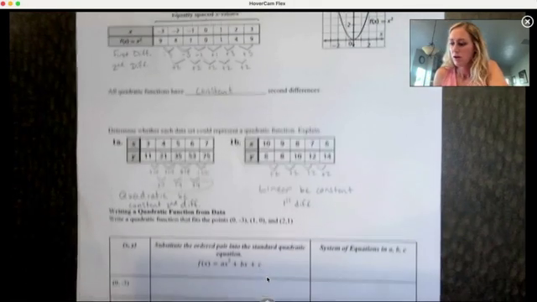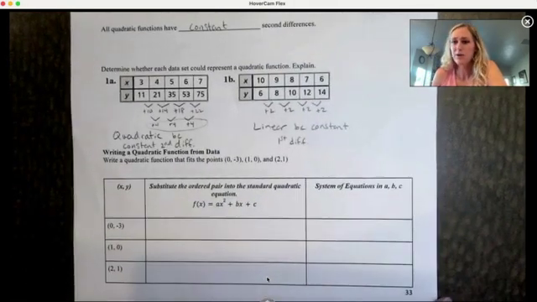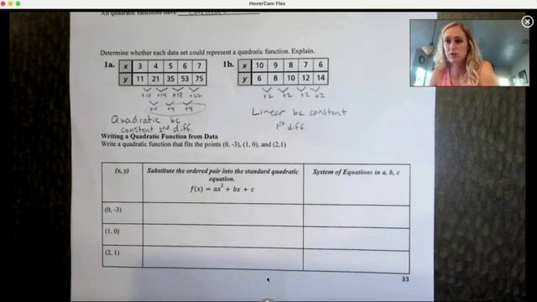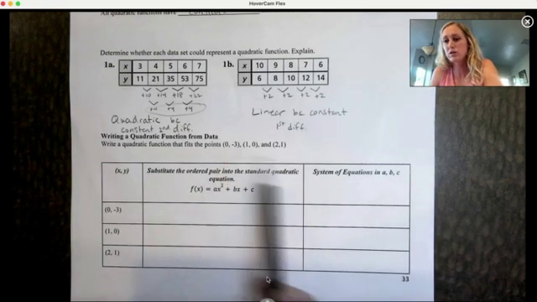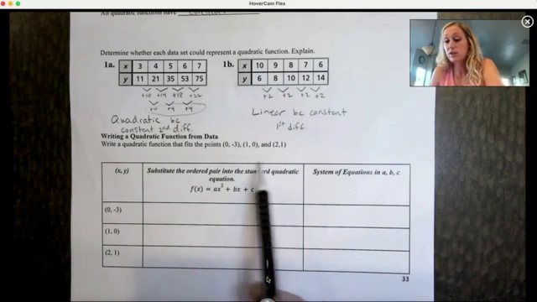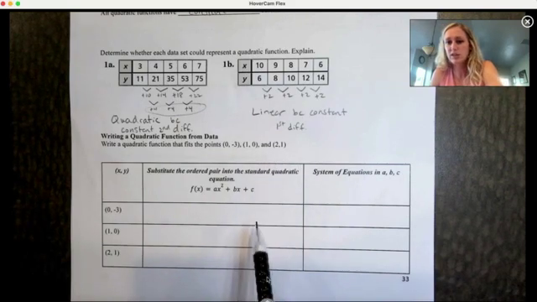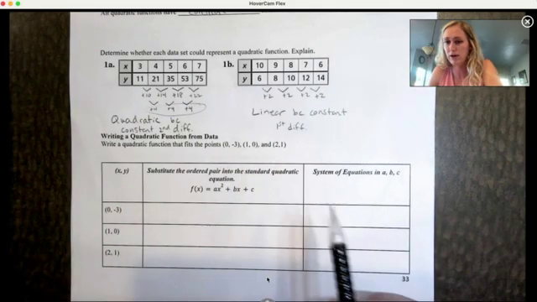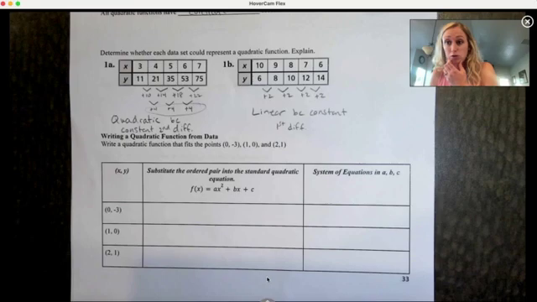Okay. Now we're going to look at how I can write a function if I know that a quadratic function goes through some given points. To do a quadratic, we do need 3 values. Here's the process that we're going to use. We're actually going to use systems of equations. We're given these 3 points, and a quadratic function goes through these 3 points.